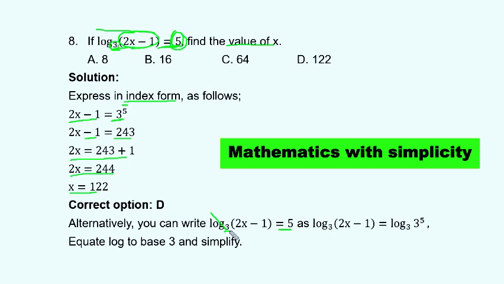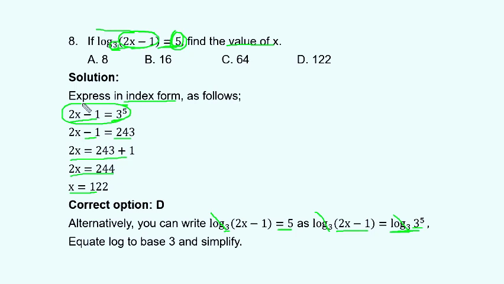So if we introduce log 3 base 3 to the right hand side, it can be written in this form. Then you are left with this and 3 power 5. So when you equate and simplify, you have s to be equal to 122.